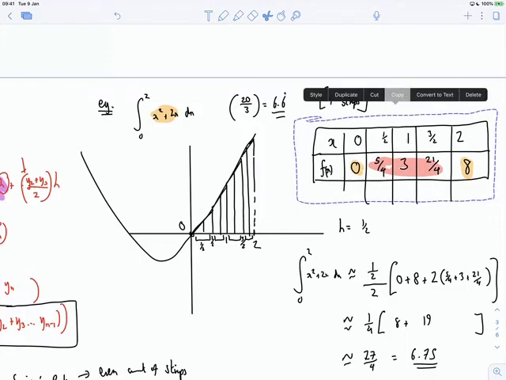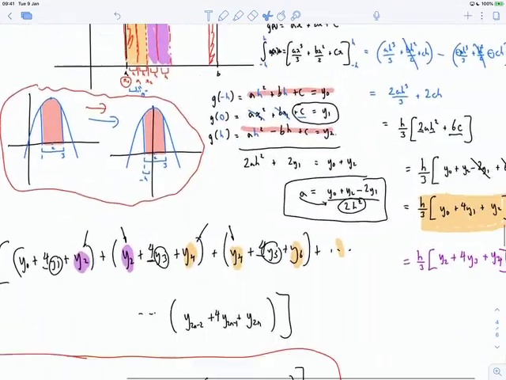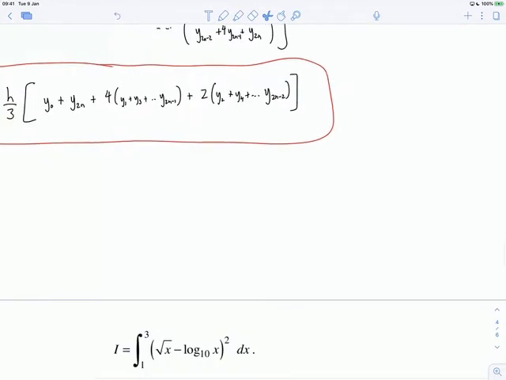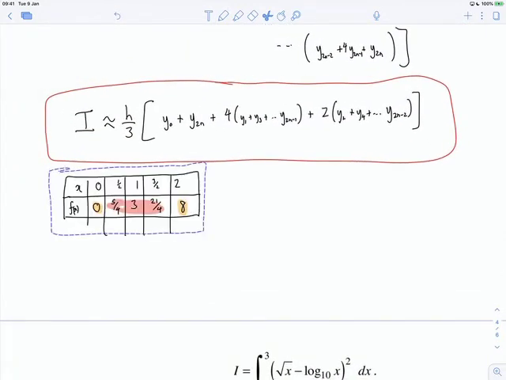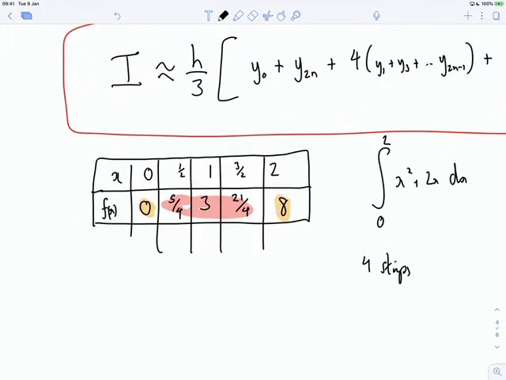So that is an even amount of strips. So actually we can just take that data and we can try it ourselves. So suppose we wanted to integrate again between, what was it, 0 and 2 of x squared plus 2x dx using 4 strips. And this time we want to use Simpson's rule.